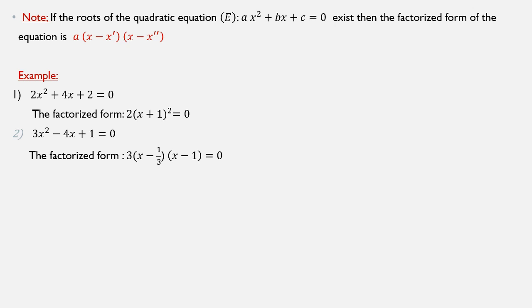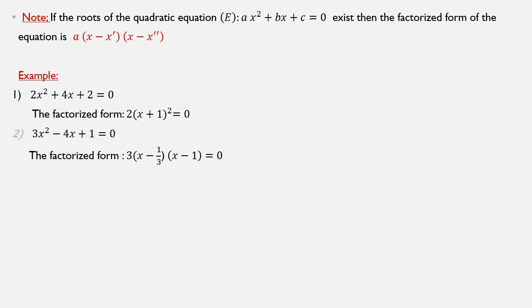Let us take an example. In this example, we have an equation which is 2x squared plus 4x plus 2 equal to 0. This equation we can solve using either delta or delta prime. So we will get the answer that this equation has one double root, which is minus 1.